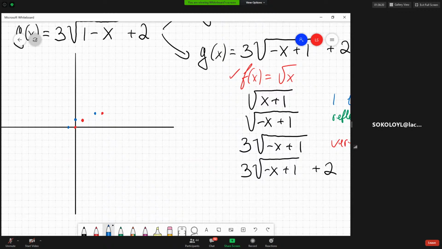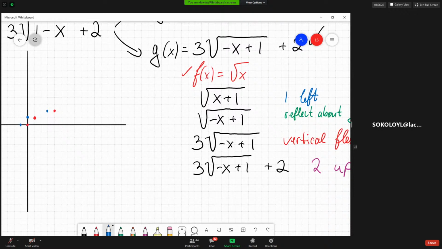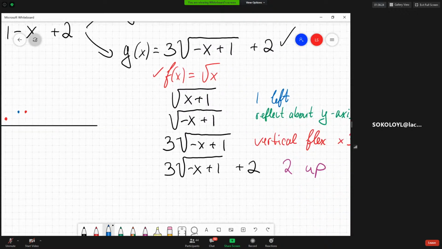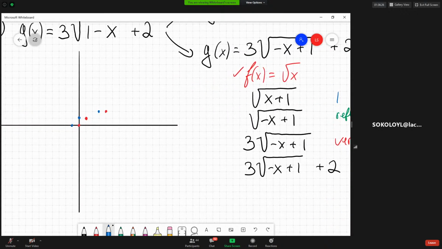Okay. Then the reflection about the y-axis. So that means whatever my point is located, it has to jump to the other side of the y-axis. If it's already on the y-axis, it's going to stay there. So this point is going to go here, right? It goes across the y-axis, it acts like a mirror, and it reflects it, so it goes over here.